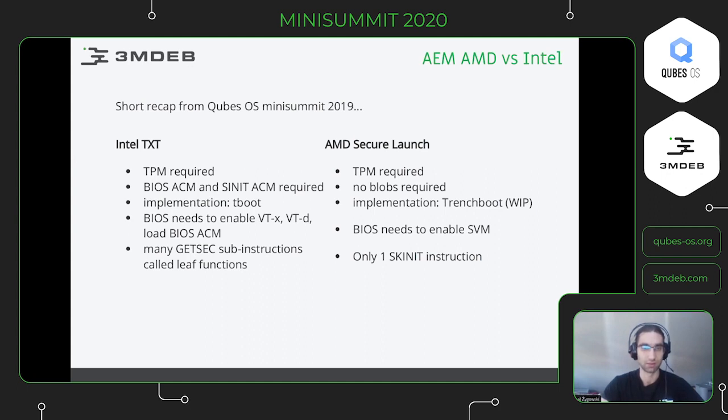First is the BIOS authenticated code module, which is loaded by the platform firmware, and SINIT ACM, which is loaded by the operating system bootloader. The only known implementation last year was tboot, also called Trusted Boot. It is a project led by Intel that provides a reference implementation of DRTM for Intel TXT.